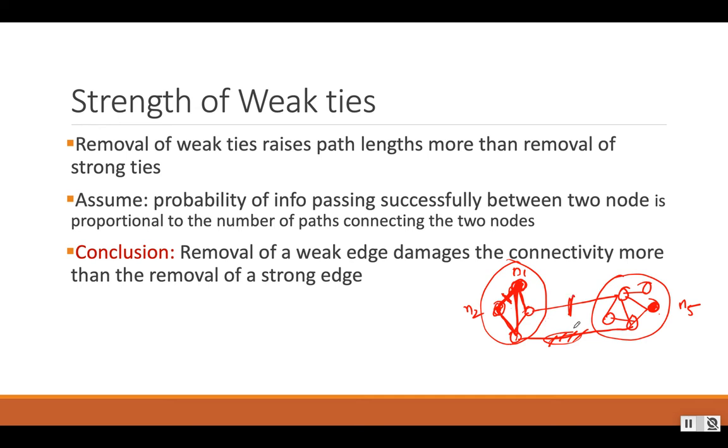But if we remove a local bridge, generally that increases the path between two nodes, to a path with length at least more than 2. So from all of the discussion, we can conclude that removal of a weak edge damages the connectivity more than it does with a strong edge.